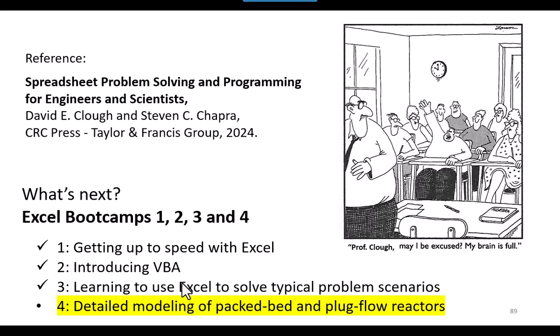And now we will move on to Bootcamp 4, where we will be seeing more in a capstone sense how to bring together all that we have learned in the first 3 boot camps to attack a more complicated modeling problem in the form of 2 different reactors. So this brings us to the end of Bootcamp 3.